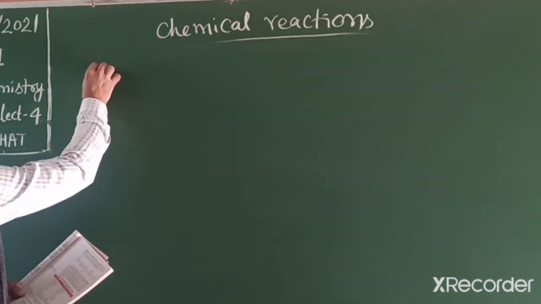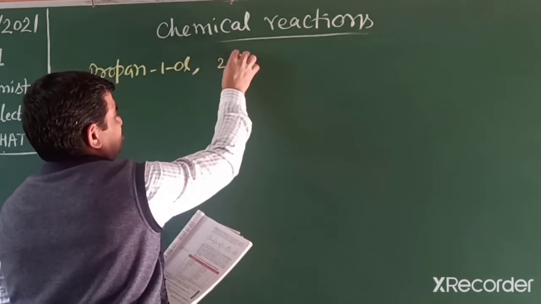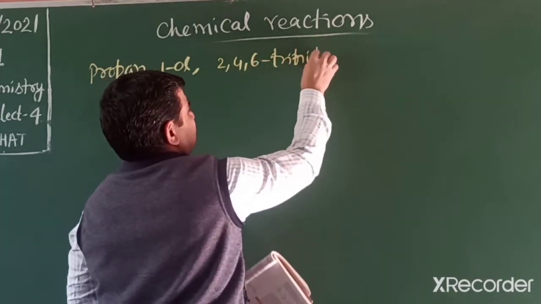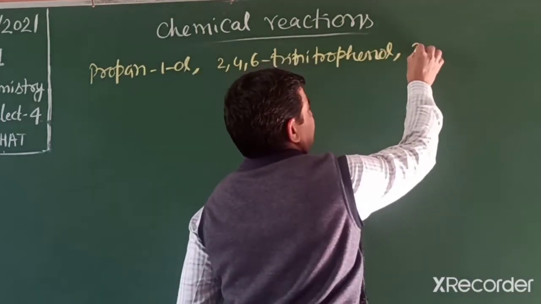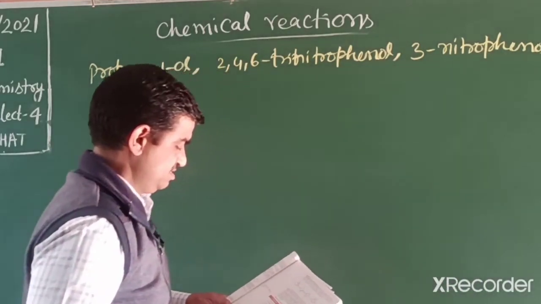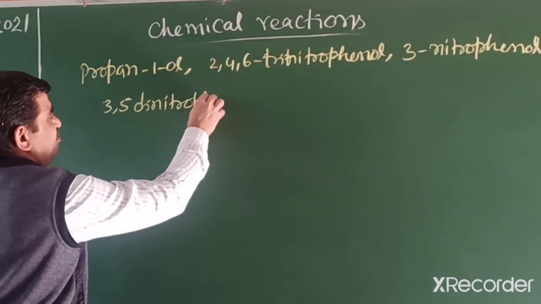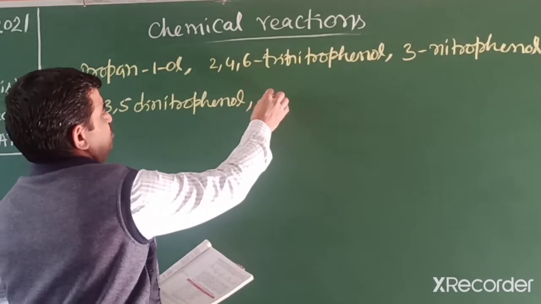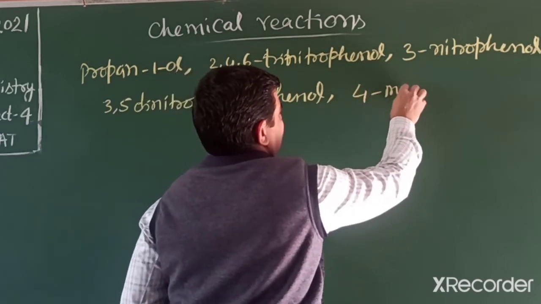First one given is propan-1-ol, then 2,4,6-trinitrophenol, then 3-nitrophenol, after that 3,5-dinitrophenol, then phenol, and last 4-methylphenol.